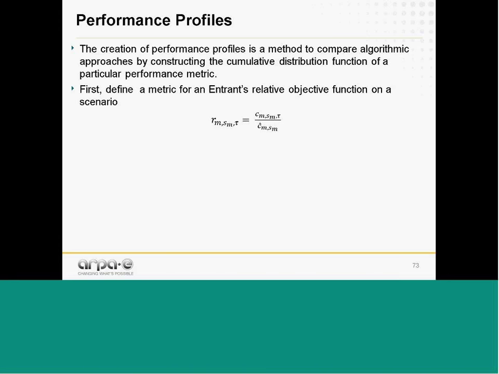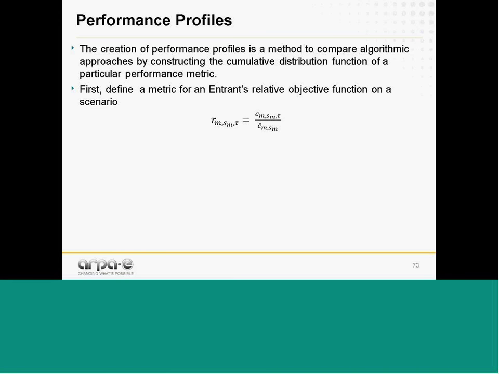All right, the performance profile mechanism starts with a ranking, with a ratio, sorry, okay? The best performer is the C hat M, S M. So we solve all of the entrants, we get the best C M, S M tau, okay? So the lowest objective function for a particular model, for a particular scenario, goes in the denominator.